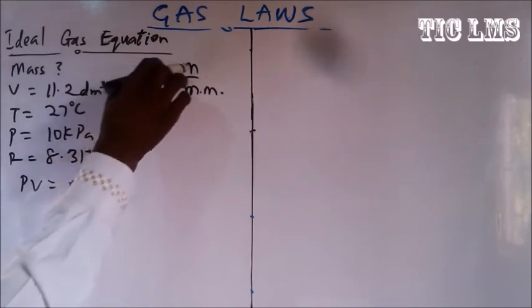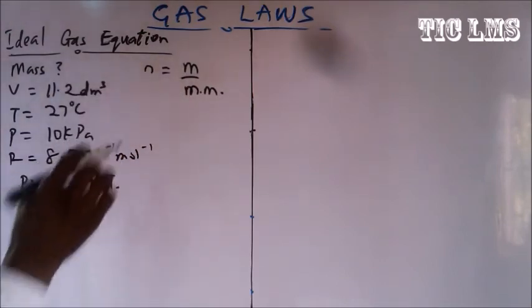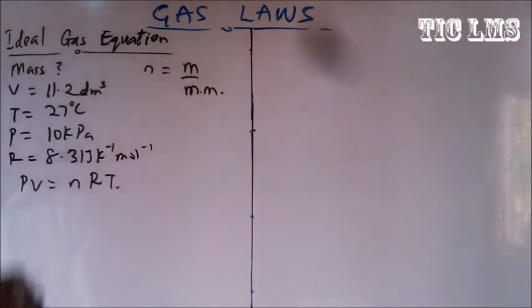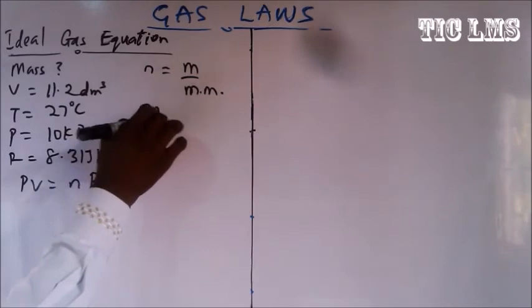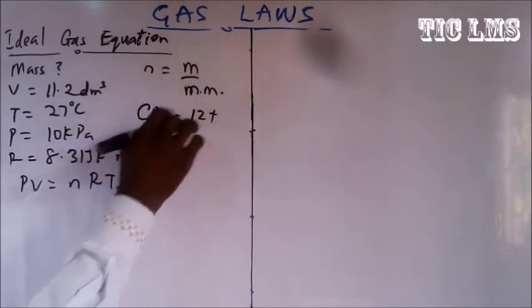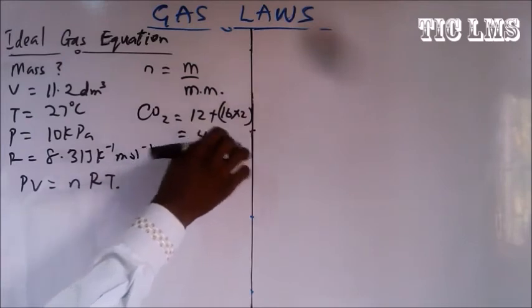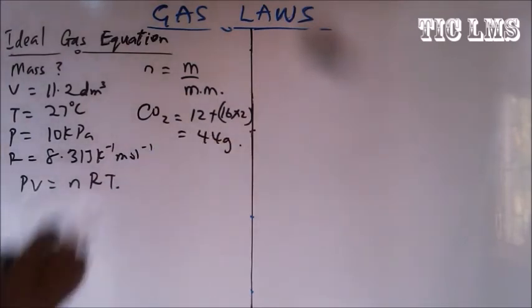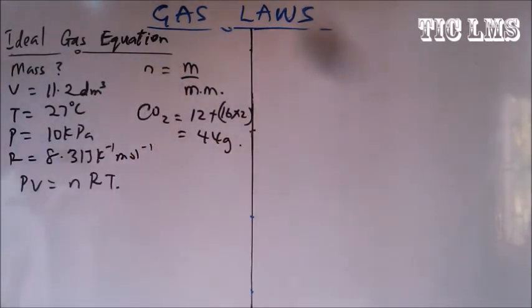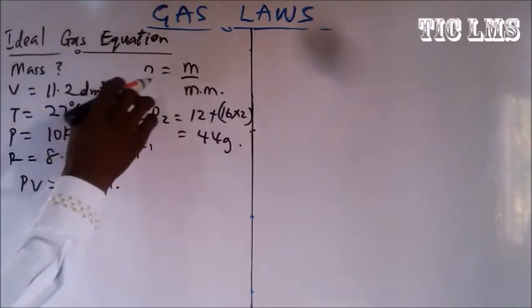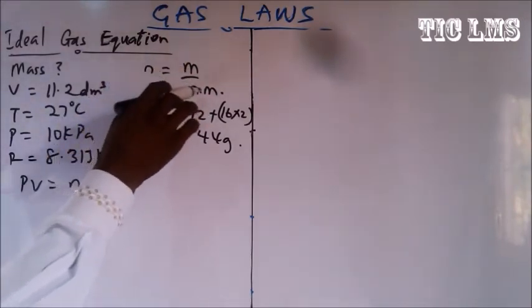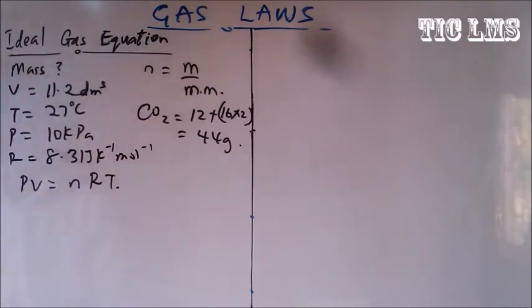We have to find the mass, and we can get the molar mass of this gas. Now this gas we're given is carbon dioxide. So we have the molar mass of carbon dioxide: carbon is 12, oxygen is 16 times 2. When we add this, we have 44 grams. Now we have to find the mass, and we know the molecular mass. Why not substitute m over M for n in this equation?